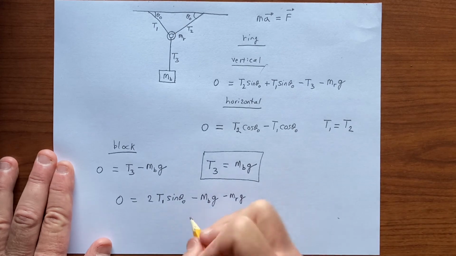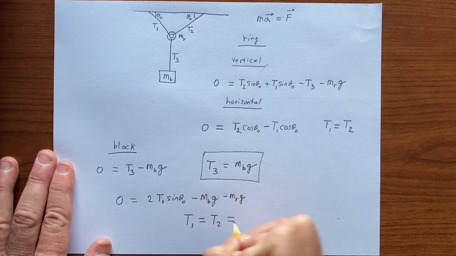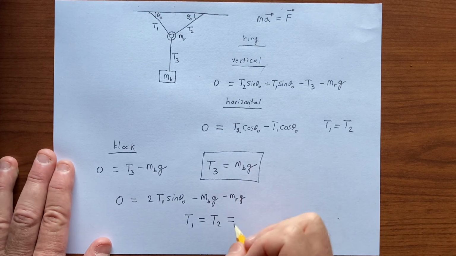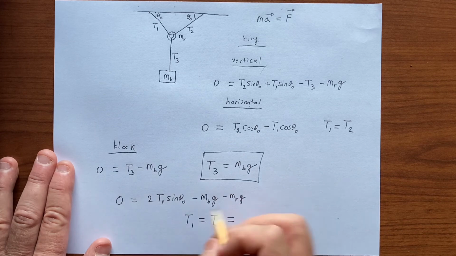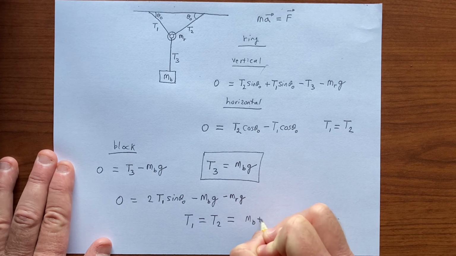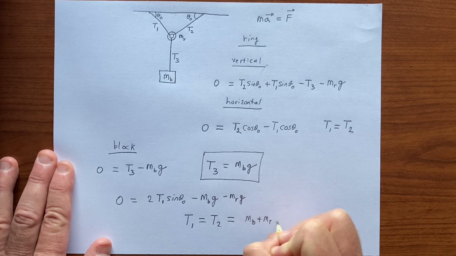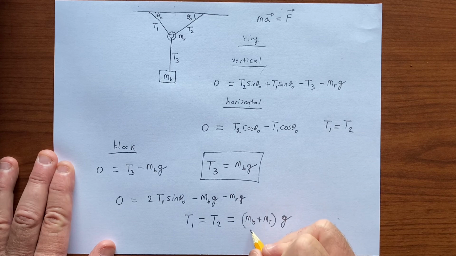From this I get T1 and, of course, T2, which are both the same. I bring all this to the other side and divide by 2 sine theta naught. So I get the sum of the masses, mb plus mr, times g, divided by 2 sine of theta naught.